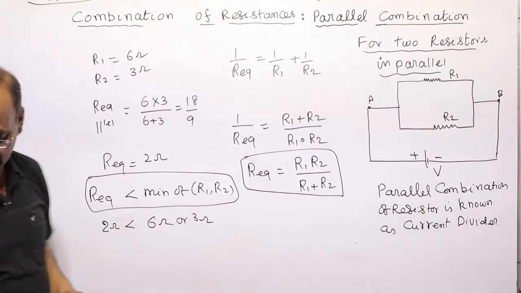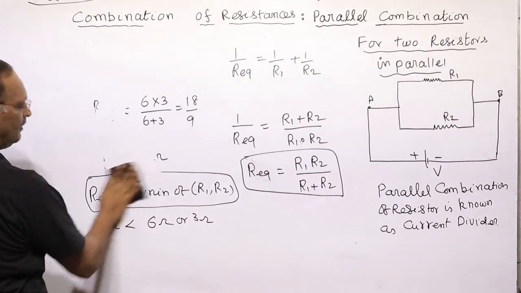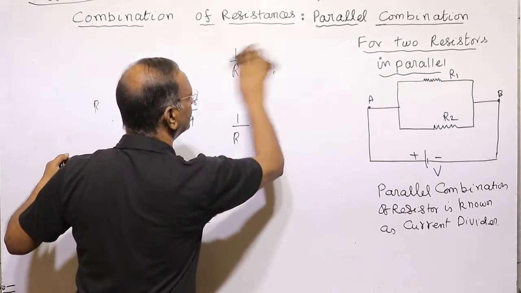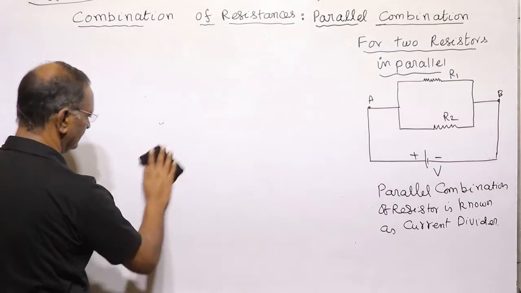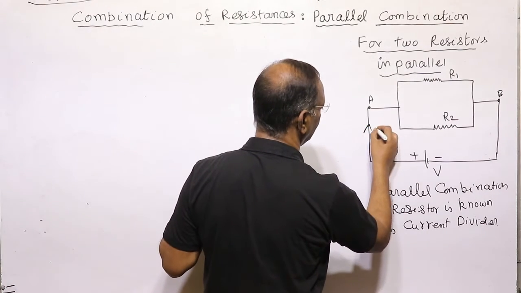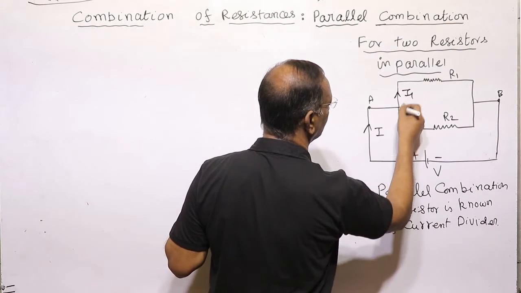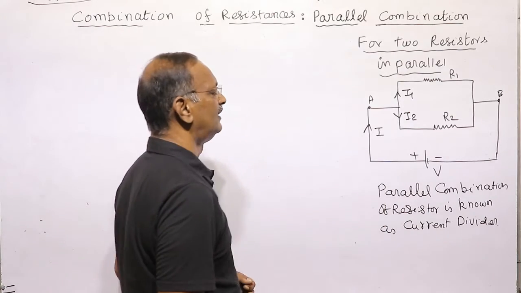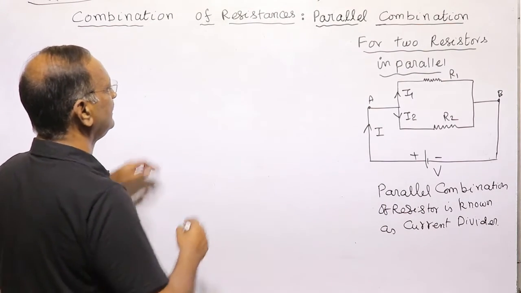This parallel combination of resistors is also known as a current divider. Why do we call it a current divider? When the net current is supplied by the battery, I1 flows here and I2 flows here. What will be the value of I1, to calculate in a shortcut?